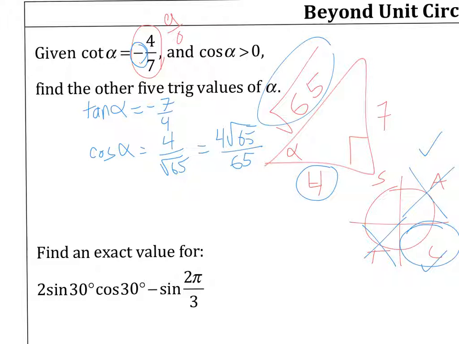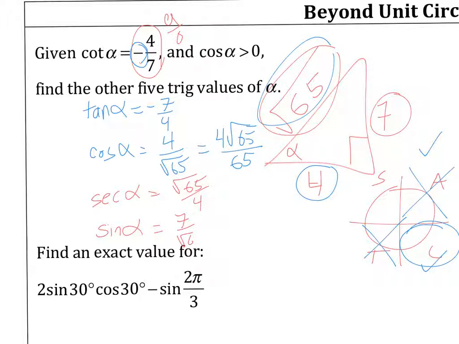With cosine, I'm going to go with secant, so I can get the reciprocal one in there. And I'm going to end up with root 65 over 4. Taking a look at sine of alpha, that's going to be opposite divided by hypotenuse. 7 over the square root of 65, or if you wanted to rationalize that denominator, 7 square roots of 65 over 65.